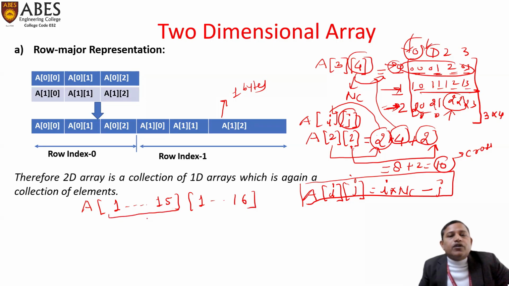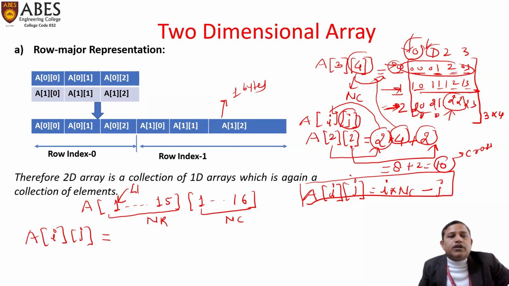This is the number of rows and this is the number of columns. Then how to generalize your formula? If you find the address of any particular location, that is Aij, then you have to find out the starting index. The starting index here is not 0, this is 1.